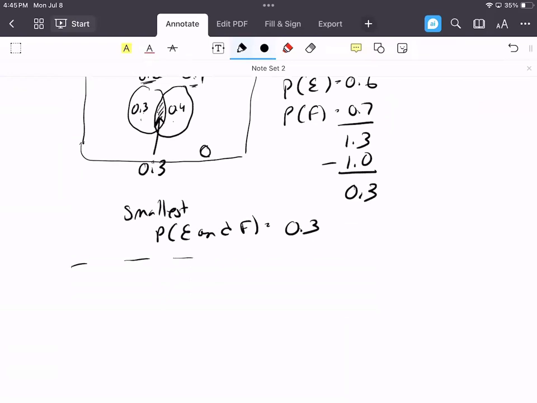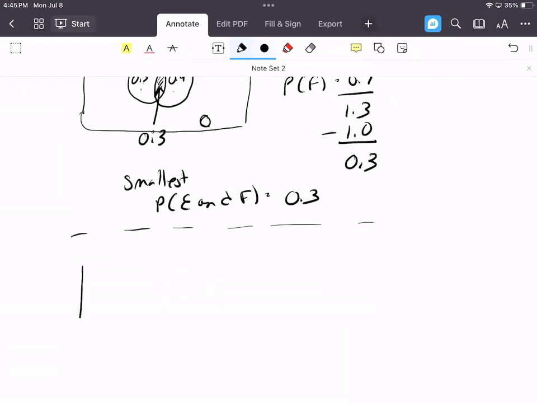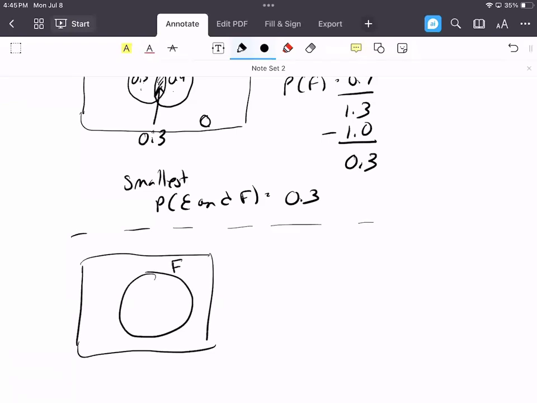How about the largest? Well, in some ways, the largest is a little bit easier. You know you've got 1, F is 0.7. And we know that E is 0.6. Well, what if E fell right inside? This is E, is 0.6. What if it was fully inside?